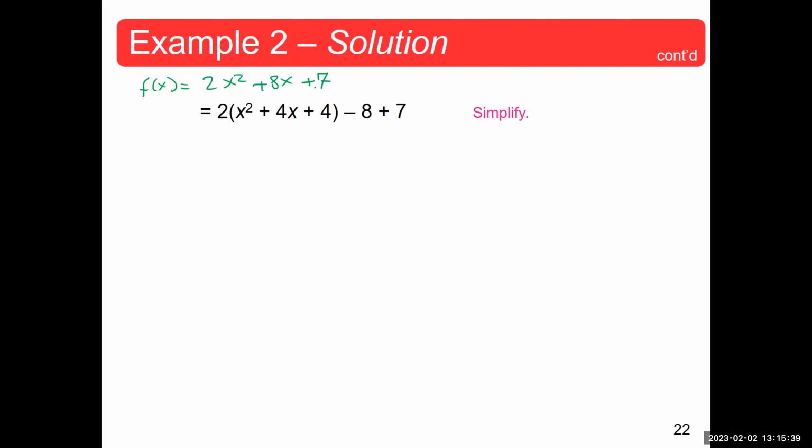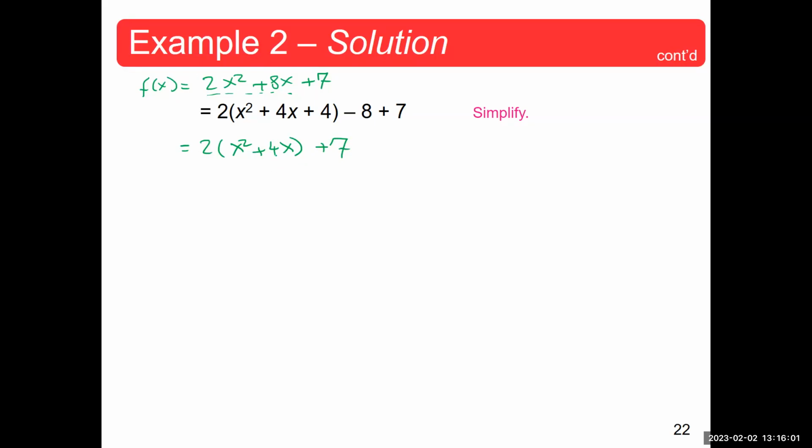The way they solved it, because I have a 2 in here, they factor out the 2 only from those two terms and leave the 7 alone. So we said 2x squared plus 4x plus 7. All right.